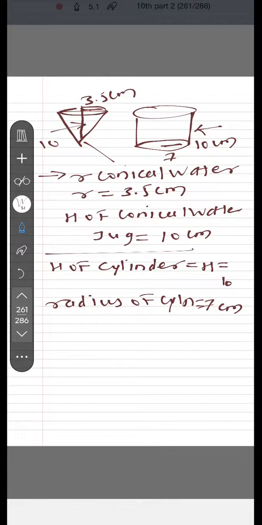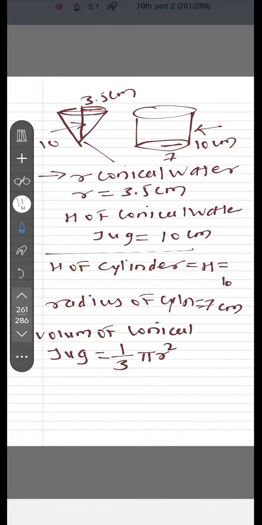So here we can first find the volume of the conical jug. Volume of conical jug is equal to 1 upon 3 pi r square h, which is 1 upon 3 into pi into 3.5 square into 10.